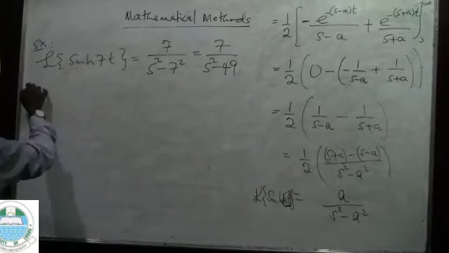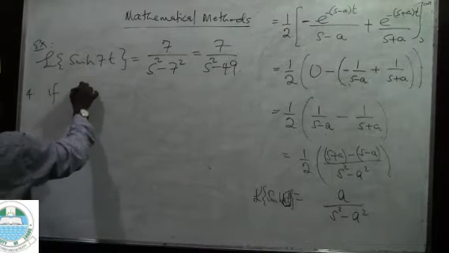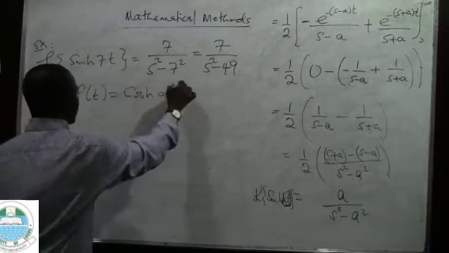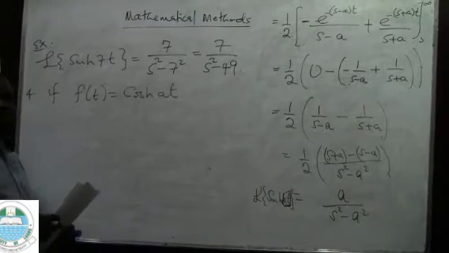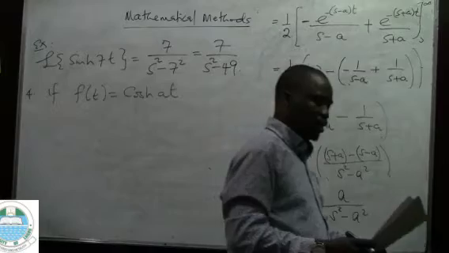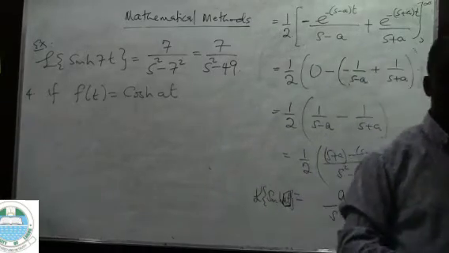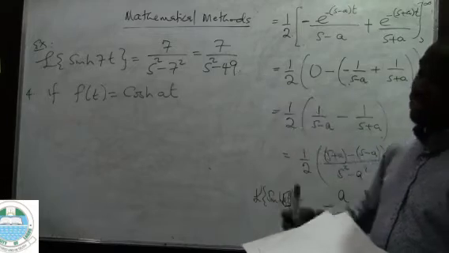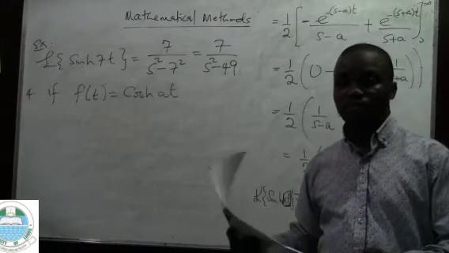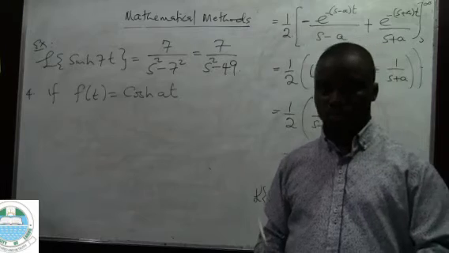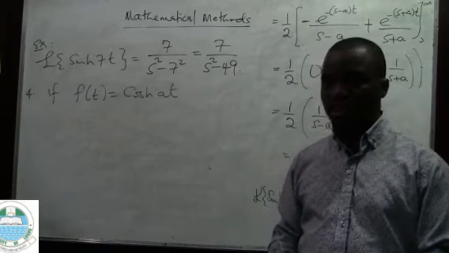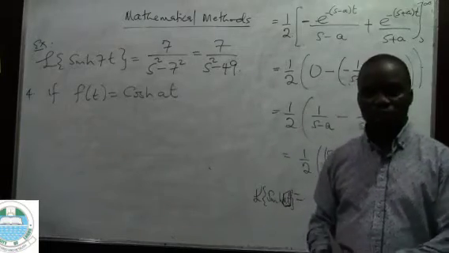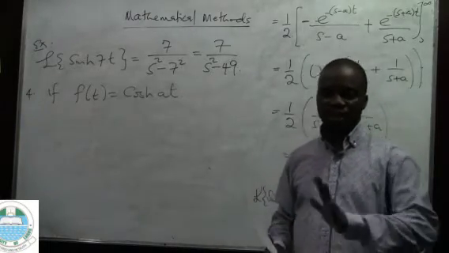Let's take another one. If f of t is cos at, how do we get the Laplace transform of that function? Like I said, while we're looking at sine at, cos at is also an extension of exponential function, because cos at by definition is exponential at plus exponential minus at divided by 2.